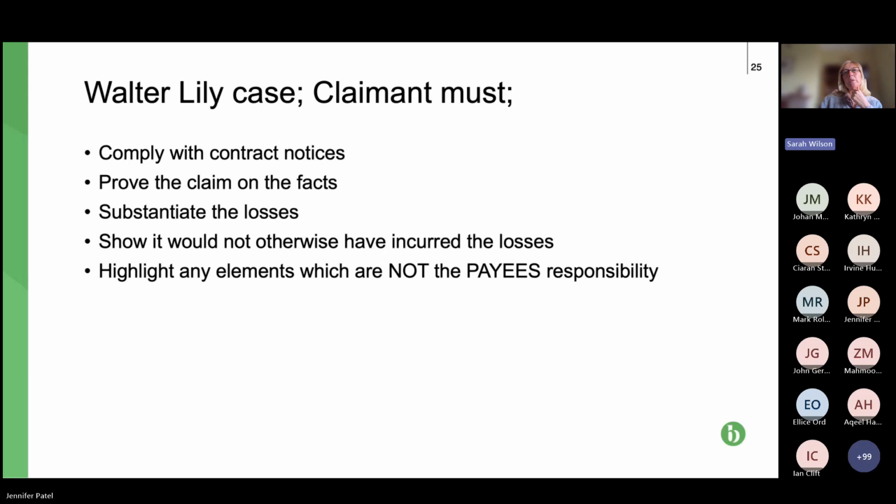Okay, so looking at the Walter Lilly case, this is Walter Lilly and Mackey. Can't remember what date it was. I think it's about 2014, 2015. So basically, this case is useful if you're a claimant, particularly a contractor or subcontractor claimant, particularly for JCT, because it was on a JCT. But it basically allowed global claims in the circumstances that we've looked at.